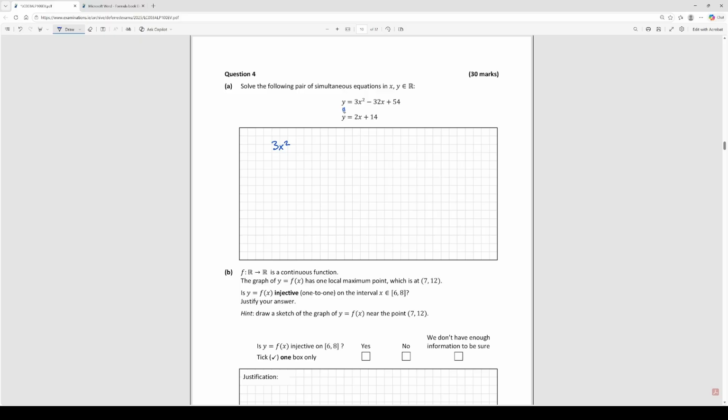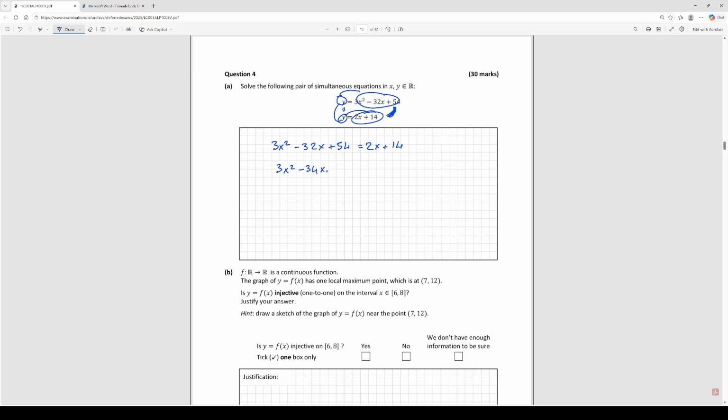But if this guy is equal to this guy, and he's equal to this guy, and he's equal to this guy, then these two are also equal to each other. So I'm just going to put them equal to each other. So I'm going to get 3x squared minus 32x plus 54 equals 2x plus 14. Move everything to one side. Do the minus b formula.